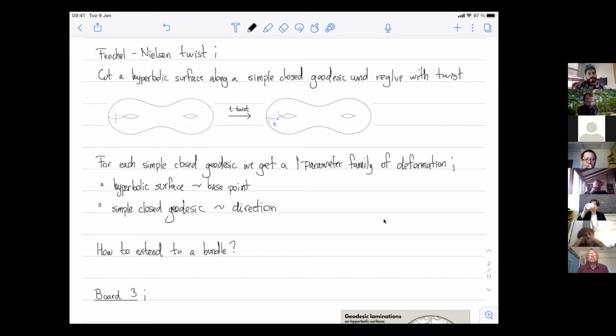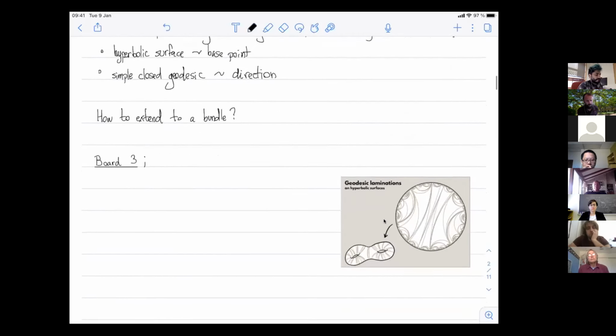Extending this idea of twisting deformations for hyperbolic surfaces to a bundle will require introducing an object which is a bit unwieldy. At first approximation it's hard to understand, but let me try to explain it in the simplest terms possible.